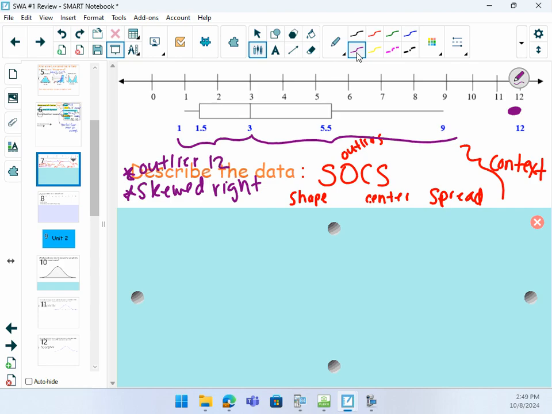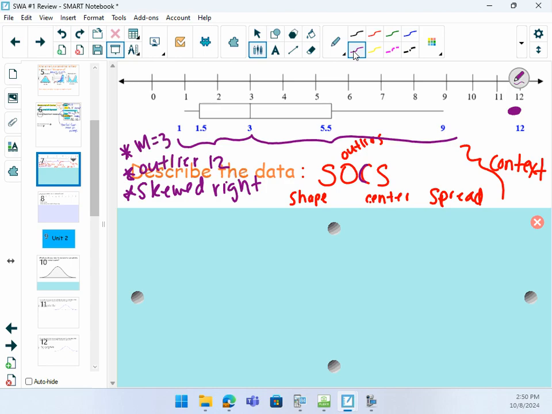I would also say that the center measurement, the median, the middle number, still happens to be 3.